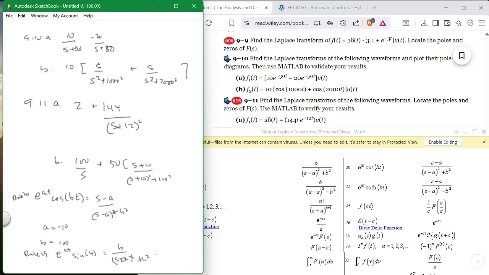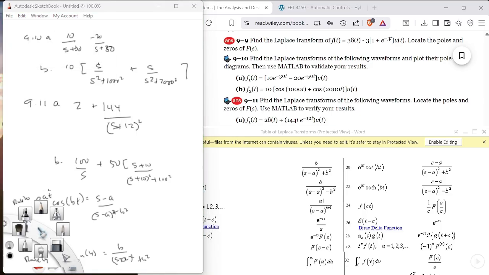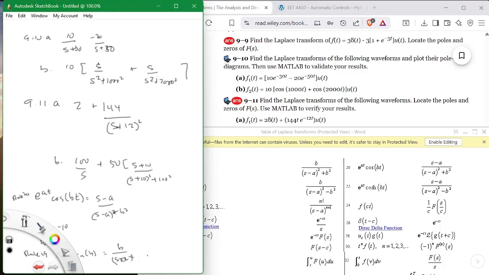That's a mess. It's messy. Let's go back and clean it up. All right, we'll get it cleaned up. Or S minus A quantity squared plus B squared.